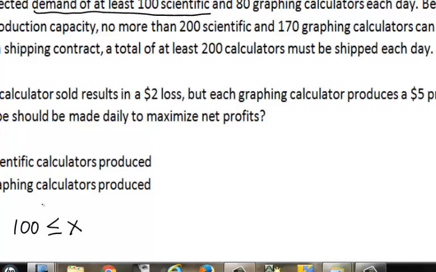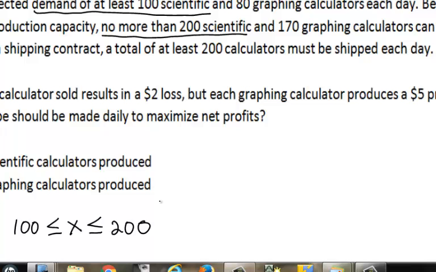And because of the limitations, no more than 200 scientific calculators. So our x is between 100 and 200. So that is one constraint. The demand is at least 100, but we can't make more than 200. Can we make 200? Yeah, so that's okay.